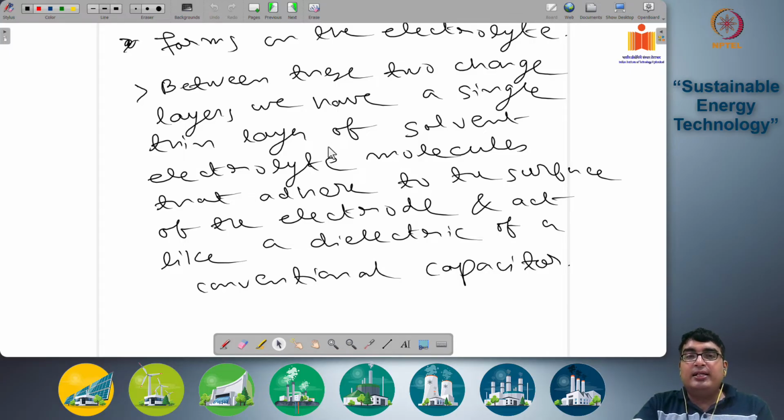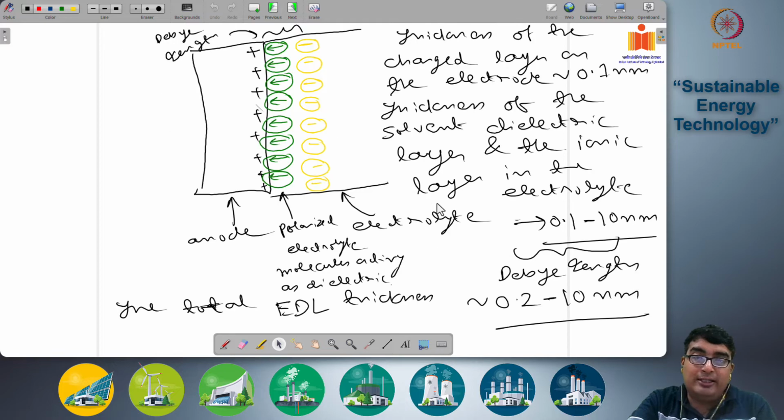Between these two charge layers, we have a single thin layer of solvent electrolyte molecules that adhere to the surface of the electrode and act like a dielectric of a conventional capacitor. So this single molecule layer adheres or is adsorbed on the surface of the electrode and acts like a dielectric, separating the two charges of a conventional capacitor.